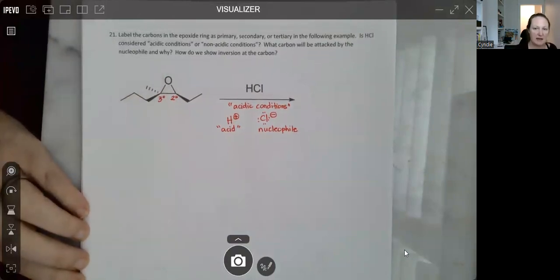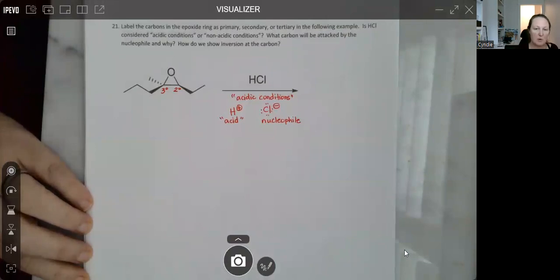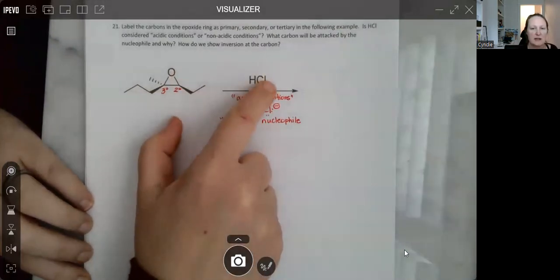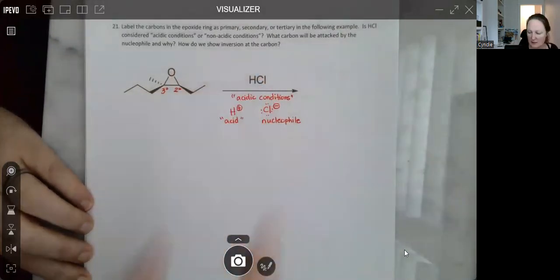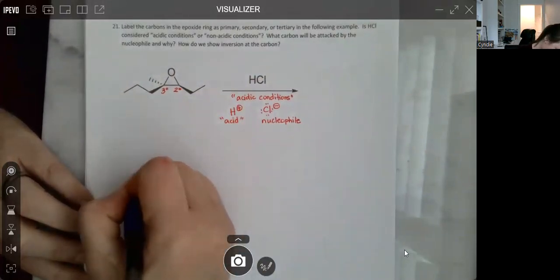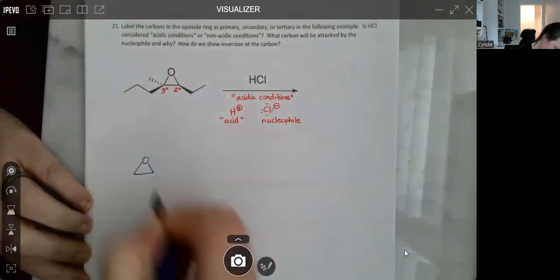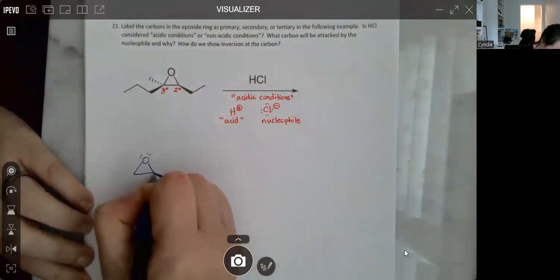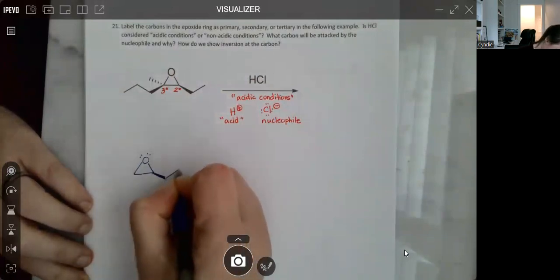And so the mechanism, right, is going to be more than one step, but we're going to protonate first because we're treating with acid, right? So we'll go ahead and show the mechanism. So I'm just going to redraw this structure, right, so that I can draw the full mechanism here.